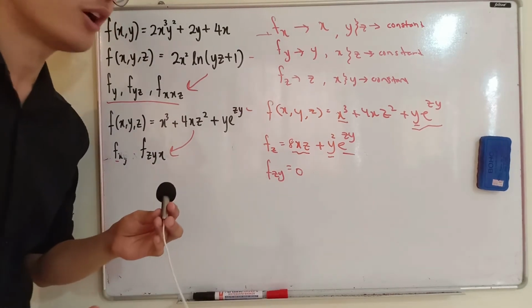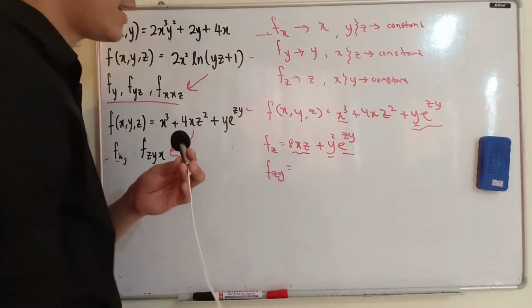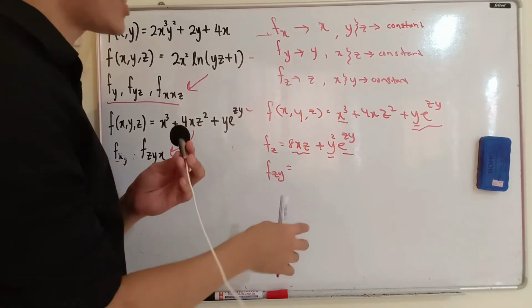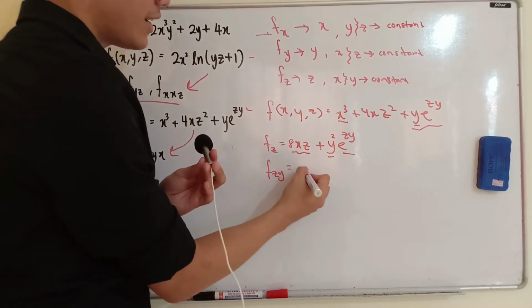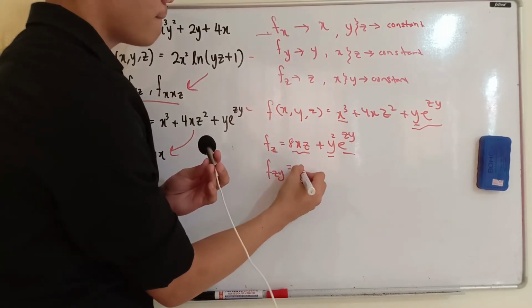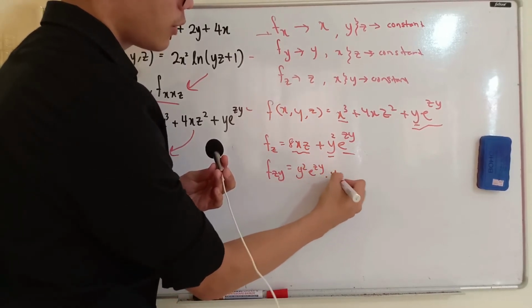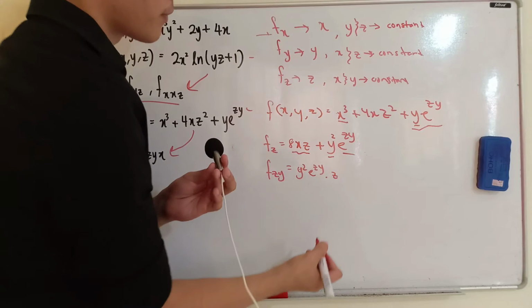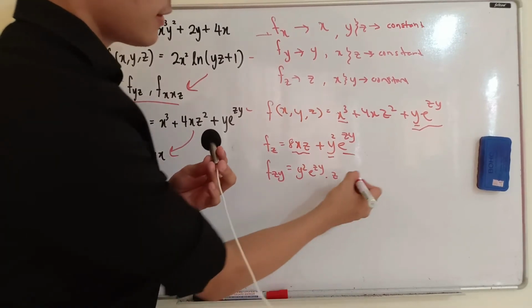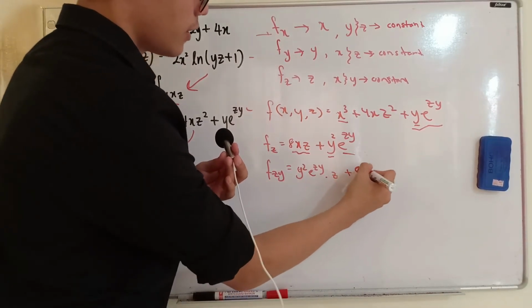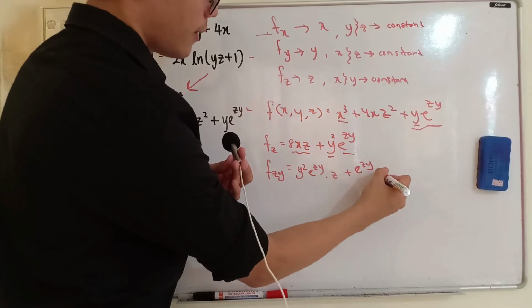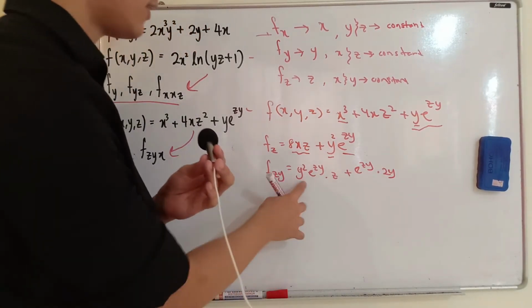So what are you going to do? You're going to use product rule. Once again, I did mention in the differentiation video. So here going to use product rule, which is going to get y, here going to be z over here, and then plus with the 2y.